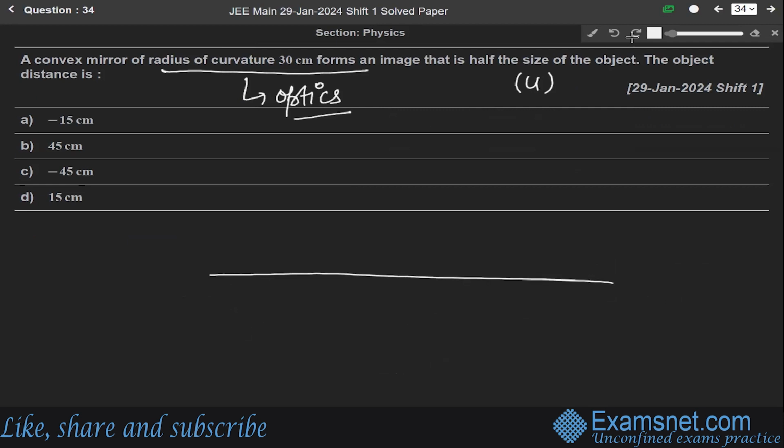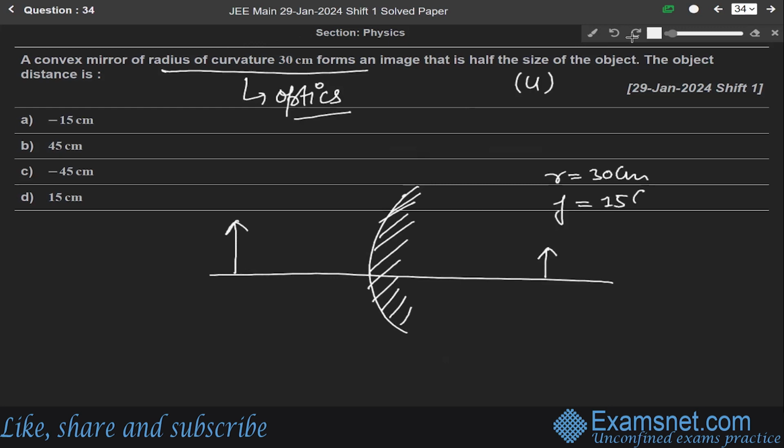Suppose this is a convex mirror, and it is given that it forms an image that is half the size of the object. Suppose this is the object and this is the image size. Radius of curvature r is given as 30 centimeter, meaning focal length is 15 centimeter.